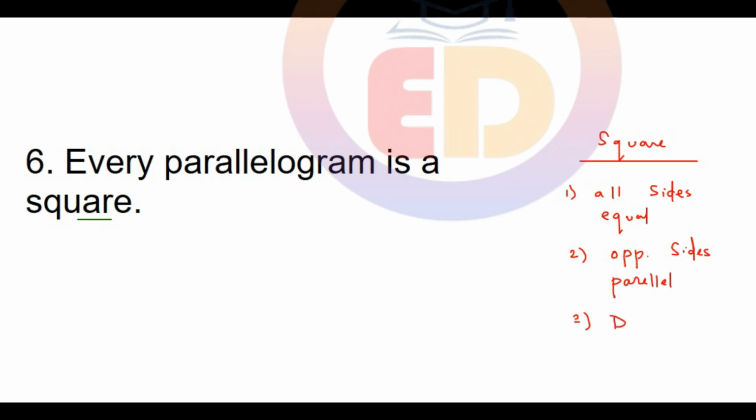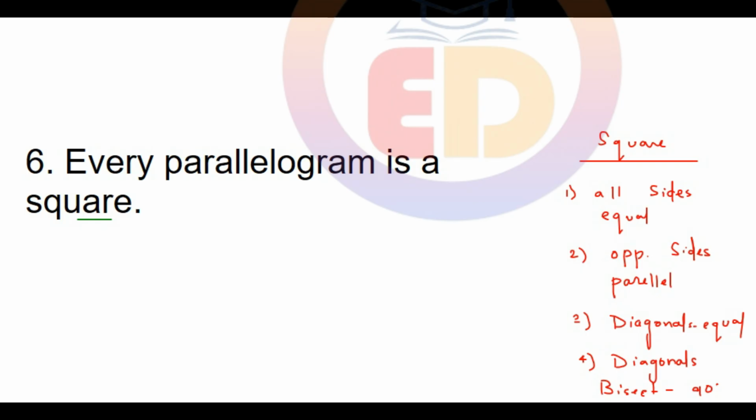Third condition, diagonals of square are equal. Fourth, diagonals bisect at 90 degree. So there are many actually, but these are some. Each angle is 90 degree, or we can also say that each angle is equal.